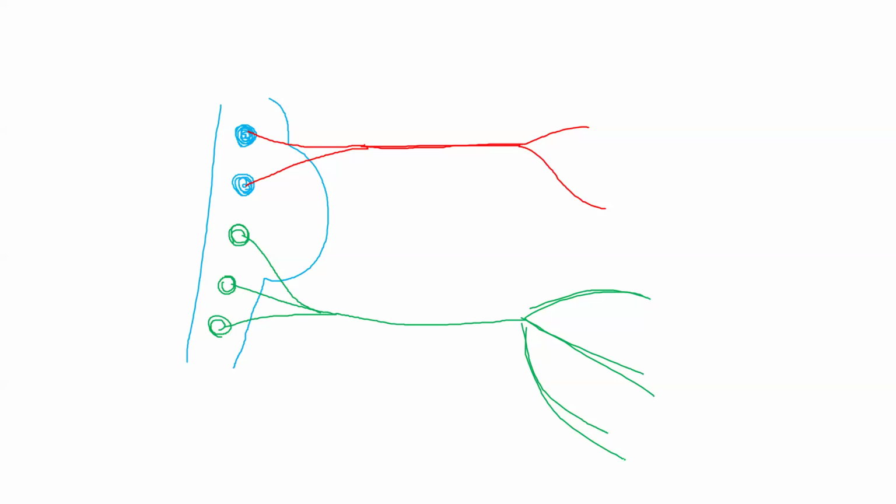Sensory means what we feel. If we feel something, that is called sensory. It can be pain, it can be temperature. Otherwise, it can be hearing. Otherwise, it can be taste, like that.